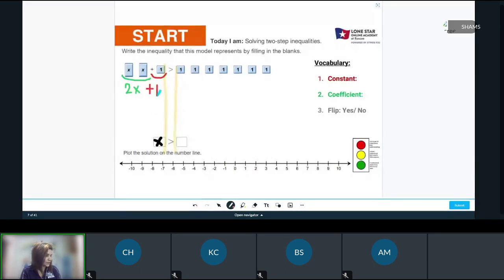We also have an inequality symbol. It is going to be the greater than symbol. Then how many 1s do you see on the other side, the right side? We all see 7 1s. Everybody agrees to the inequality at this time?